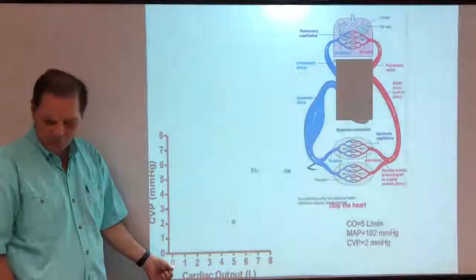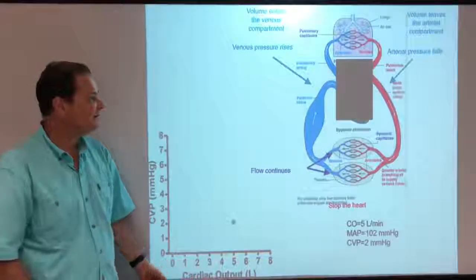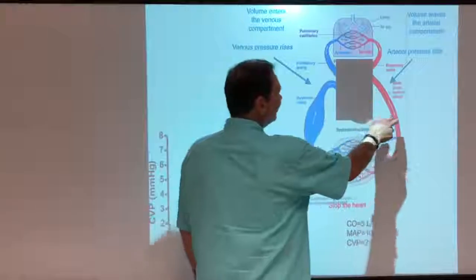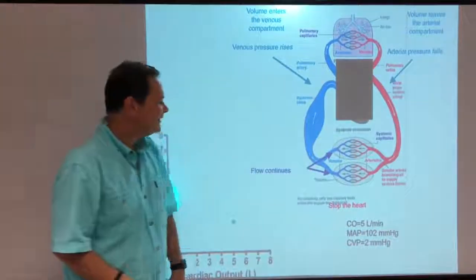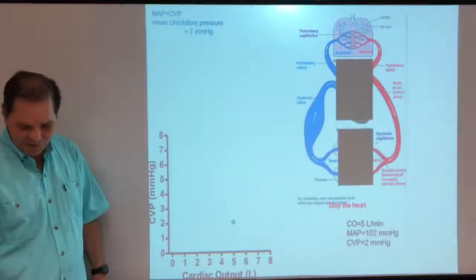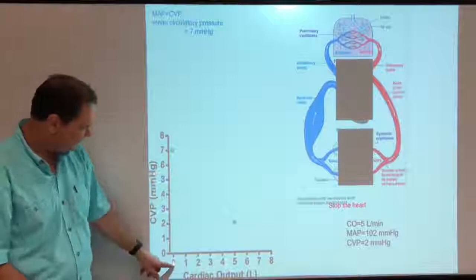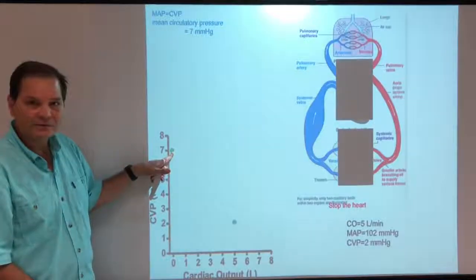I stop the heart, flow continues, blood continues to flow from the artery to the veins. And as that happens, arterial pressure falls, venous pressure rises, and we eventually come to a pressure of 7. And we can put a point here, 0 and 7. Okay? We got 2 points in our relationship.